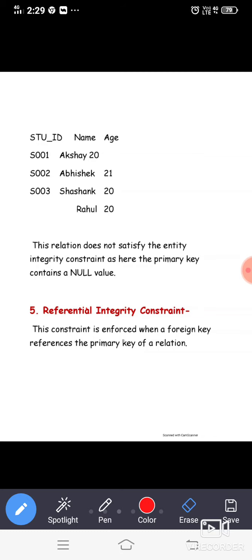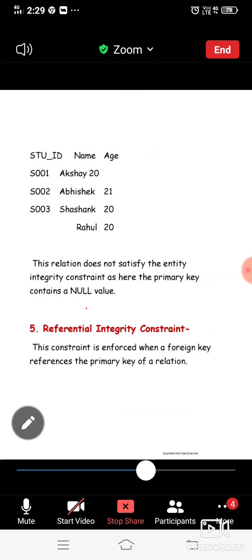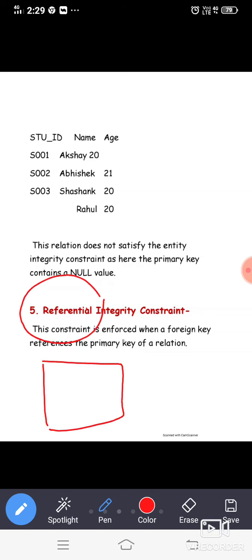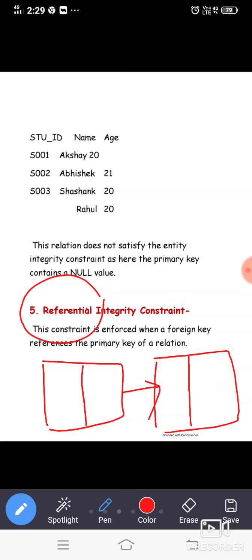Next we are going for the referential integrity constraint. The name itself says that referential means we are going to refer from one table to another table. Whenever you want to refer from one table to another table, a common column should exist. That is called the foreign key.